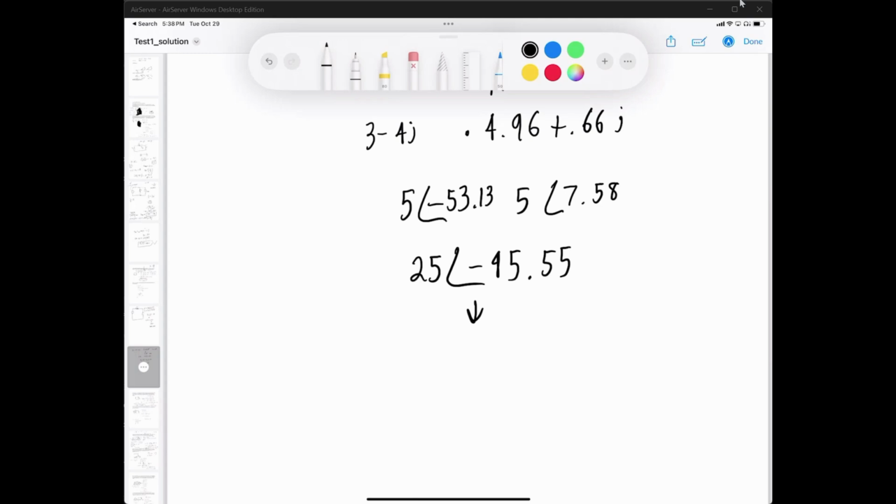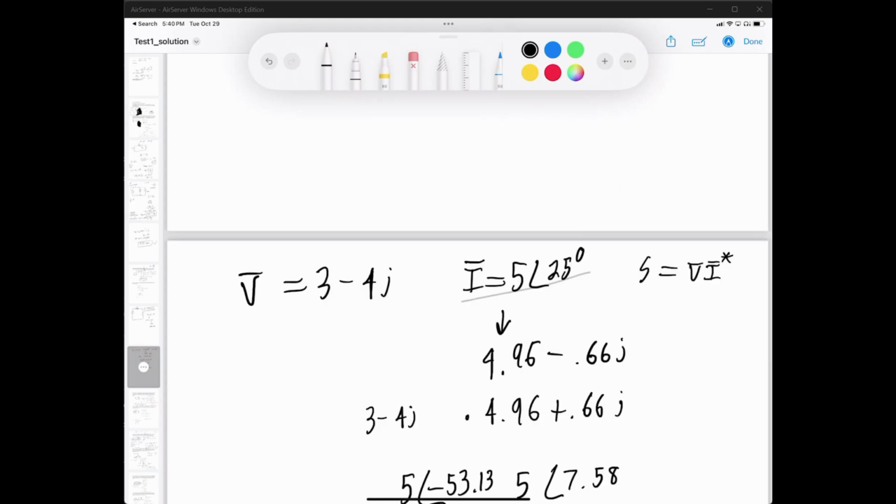Cosine of negative 44.55 times 25, 17.5. And look right. Sine of negative 45.55 times 25, negative 17.85j.